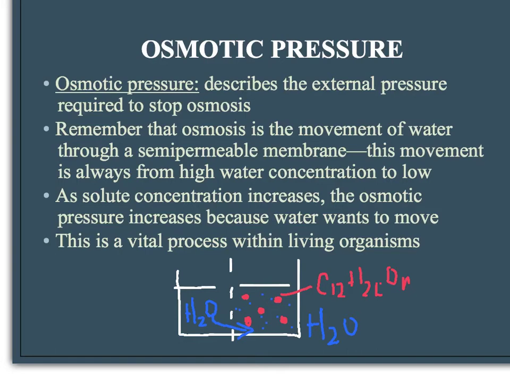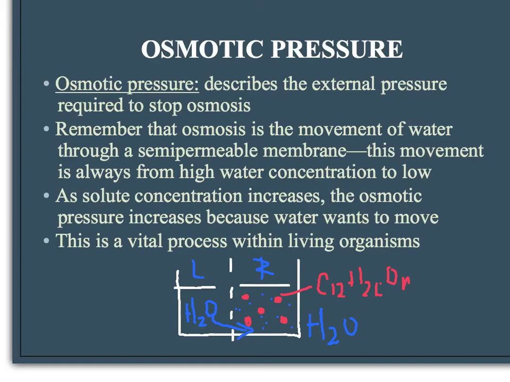And so water will feel an osmotic pressure, pardon me, in order to stop the movement of water from the left side to the right side. There would be external pressure that would have to be exerted in order to keep this process from happening.